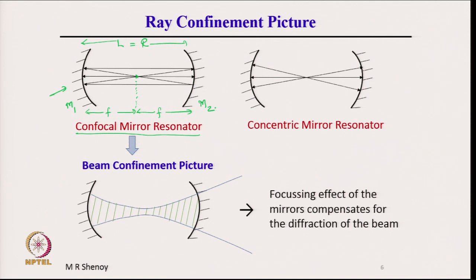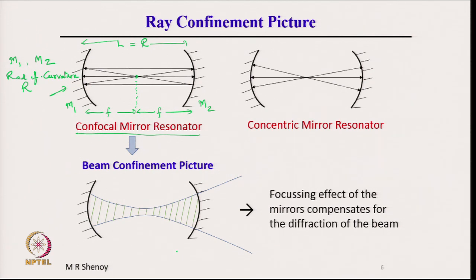So, M1 and M2 are identical spherical mirror resonators of radius of curvature, or ROC, r. In such a resonator, a particular type of rays confined are shown here.